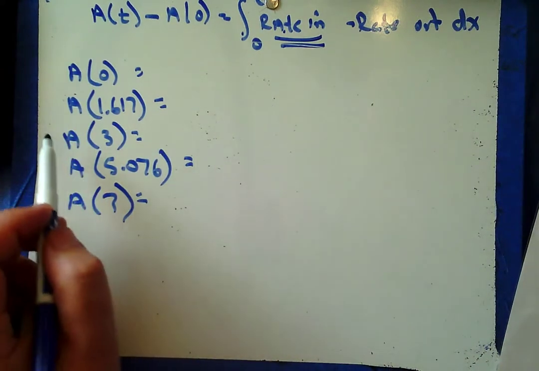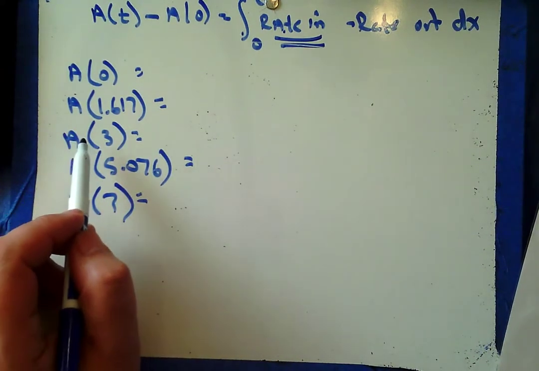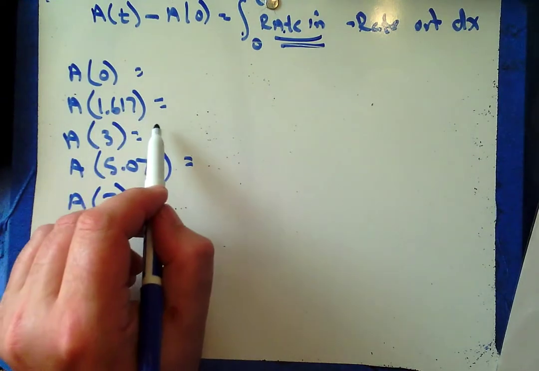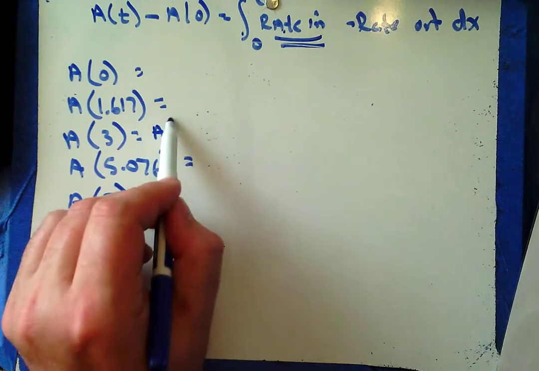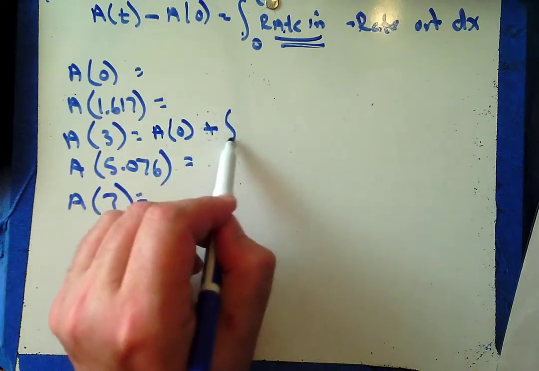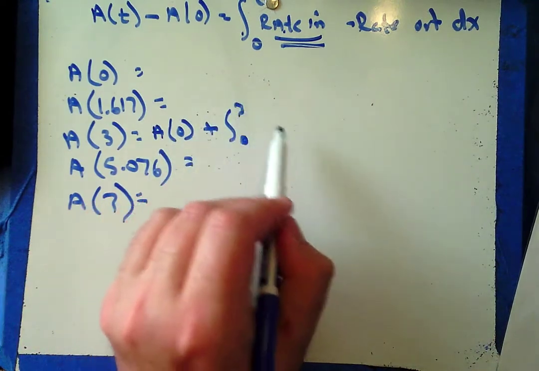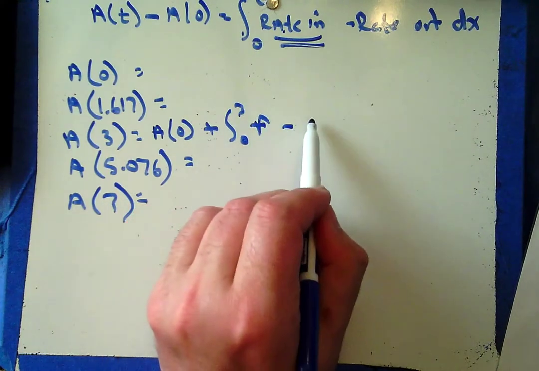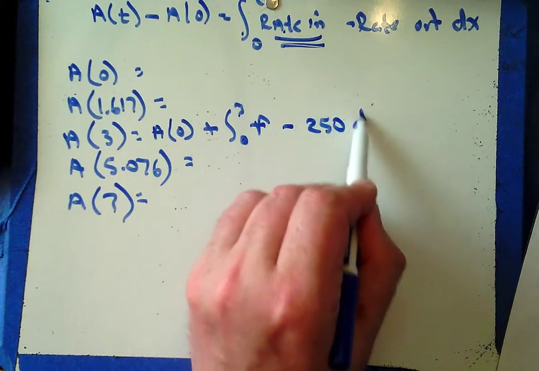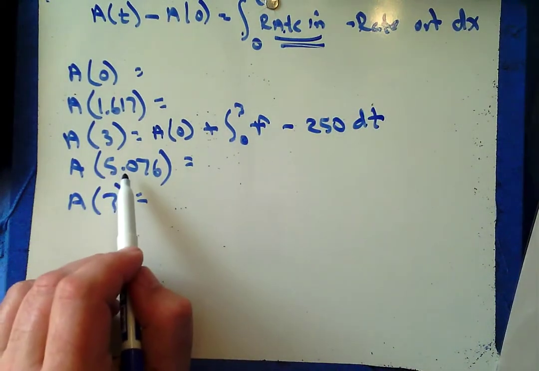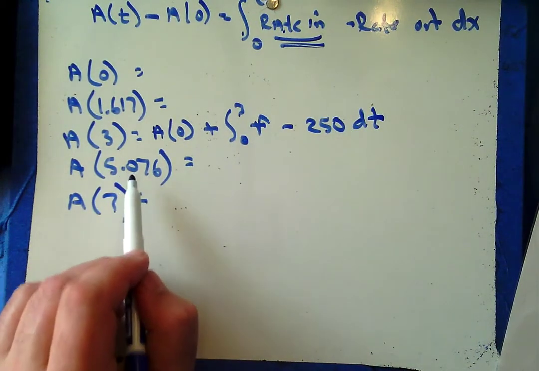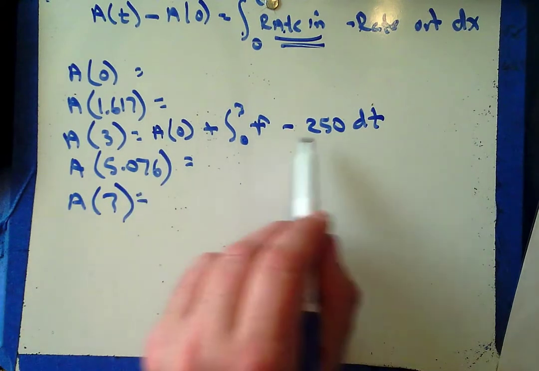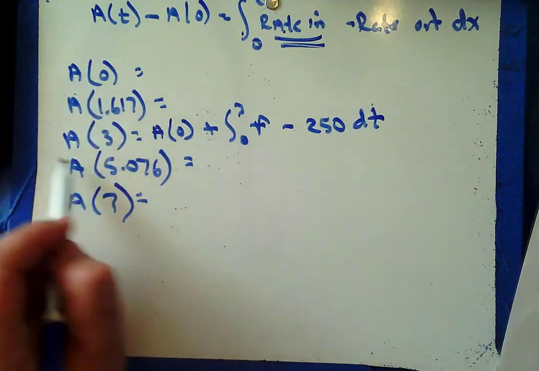This is going to be a little interesting because the g function isn't always the same. So here, for example, I can say A of 0 plus the integral from 0 to 3 of the rate in minus the rate out, which is 250. But when I get down here, this is a different rate out function, but I need to still take into account all the amount that came before.